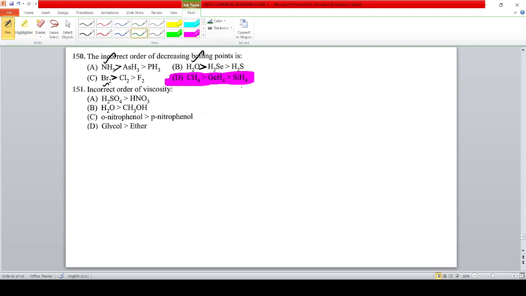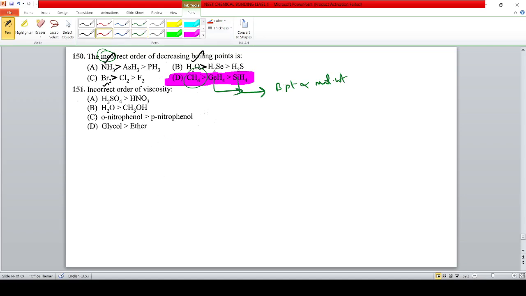Here, this fellow is having the greatest boiling point because boiling point is directly proportional to molecular weight. Molecular weight increases, the boiling point should be highest for silane. SiH4 should be having the highest. But not SiH4, it is germanium, but since it is given as carbon, it is wrong. They are asking which is the incorrect order, so the answer is option D.